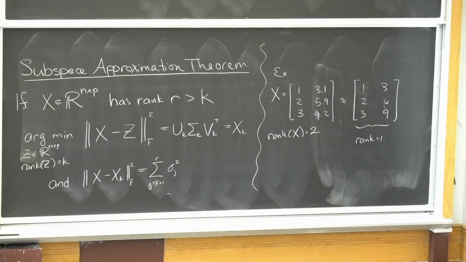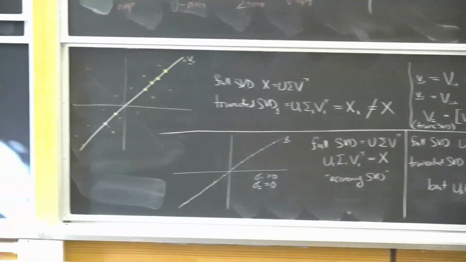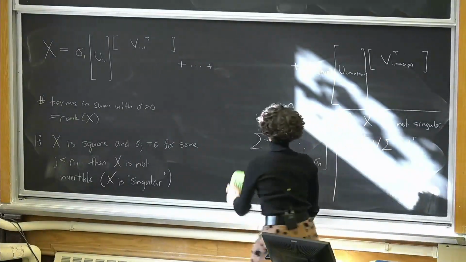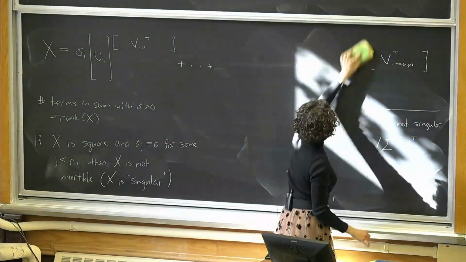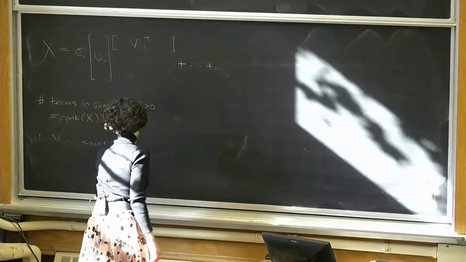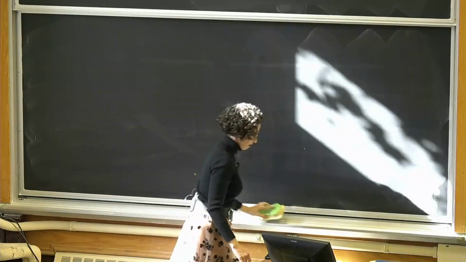Okay, so let me talk about one final, I think, interesting application of this. So we've talked before about a matrix representing Netflix's movie ratings for all the movies and all of their customers. So let's just think about how big that matrix is.